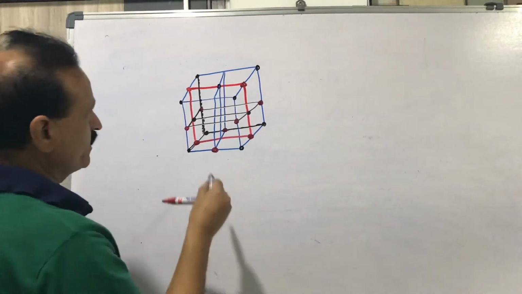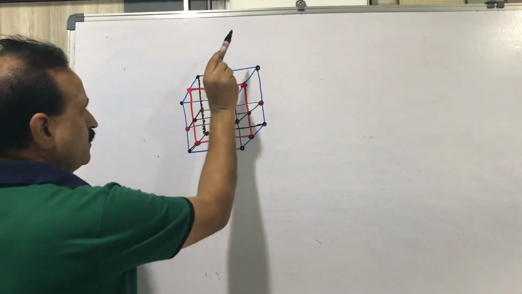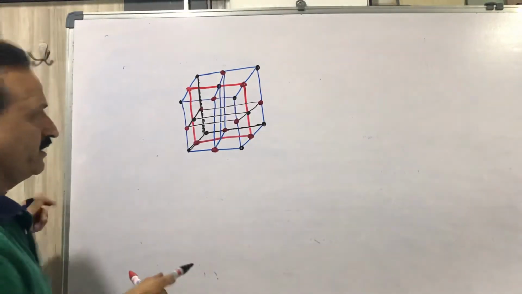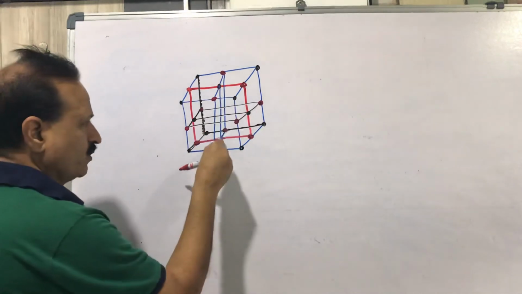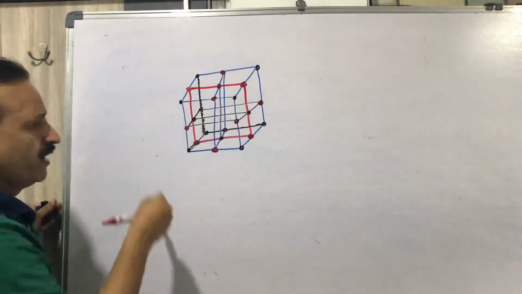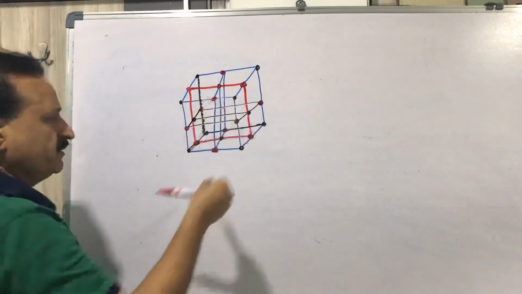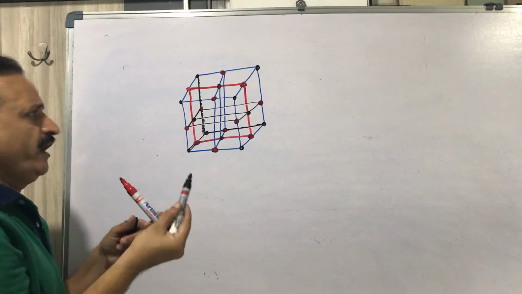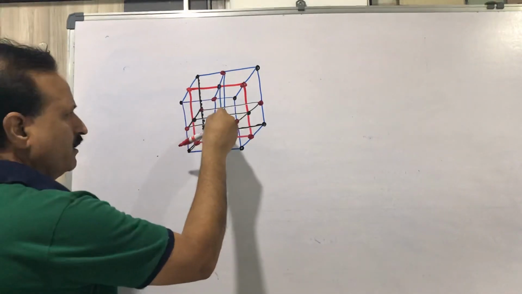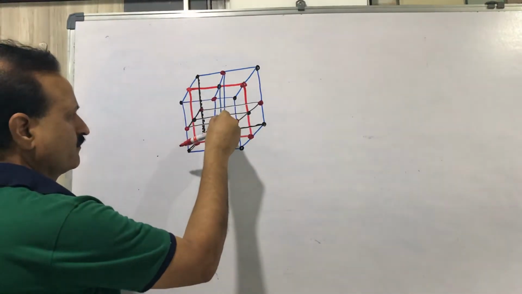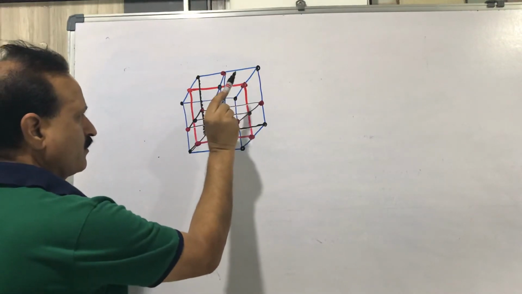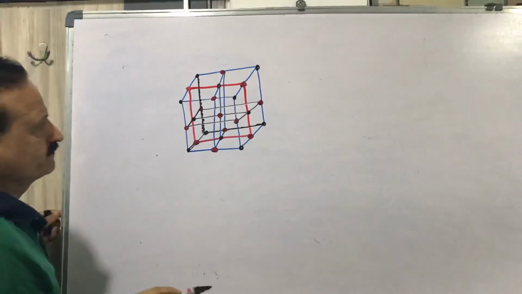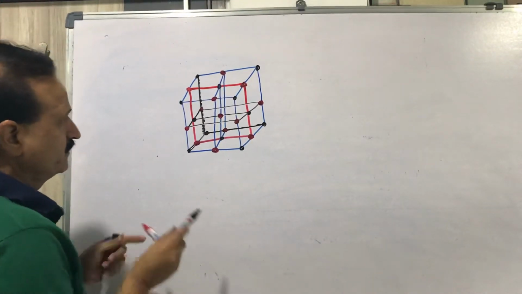You can clearly see that red is present in between black, and black is present in between red. The surrounding ions cannot mix with each other, because the same charges have repulsion.